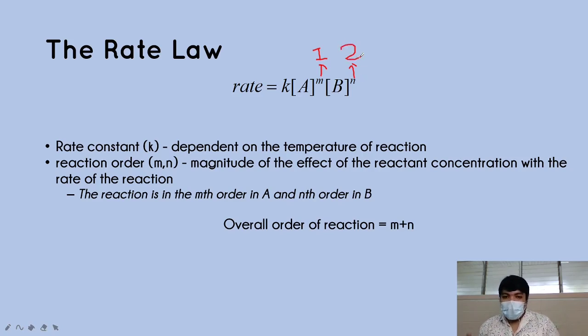So, in words, the reaction is first order in A, since the exponent of A here is 1, and second order in B, since the exponent of B here is 2. Now, the overall order of the reaction is the summation of all of the exponents in the rate law.